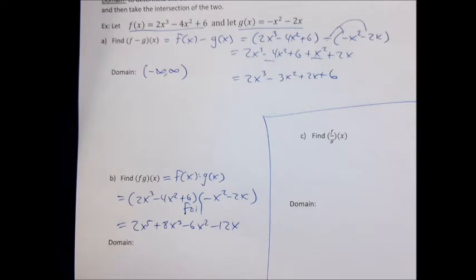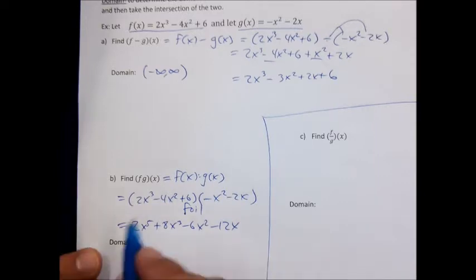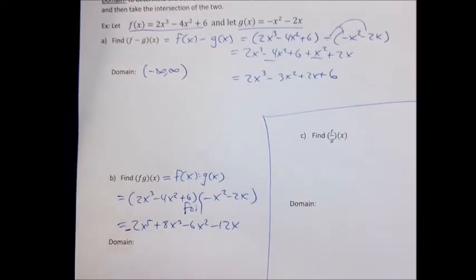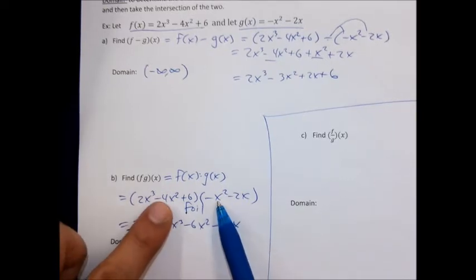Yeah? Would it be negative 2x? Yes, it is. Thank you. Wondering if I messed anything up in there now. 4x to the 4th, but it's going to cancel with this 4x to the 4th.